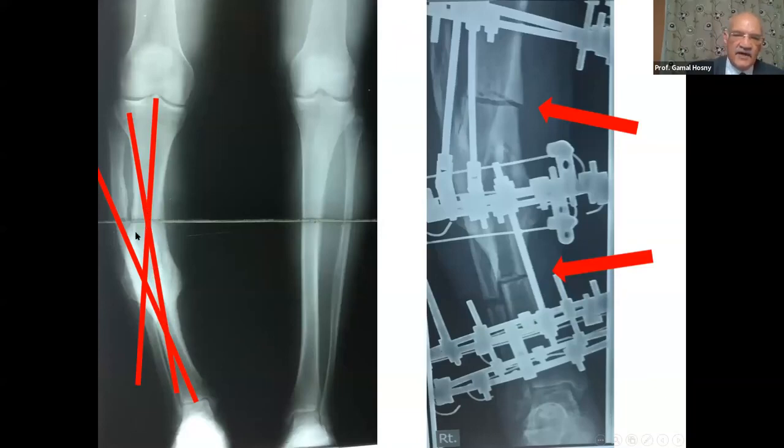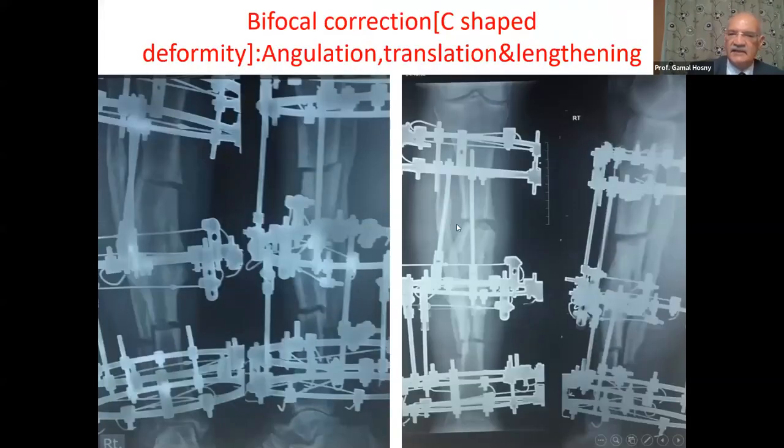So we are going to have 2 CORAs, upper CORA and second CORA. And we do 2 osteotomies, one in the upper bone and another osteotomy in the distal part. So we do an osteotomy up there, another osteotomy at the second CORA. Then we do gradual correction of the deformity and lengthening, both of them, as you see here. And also translation. Look at the mechanical axis.